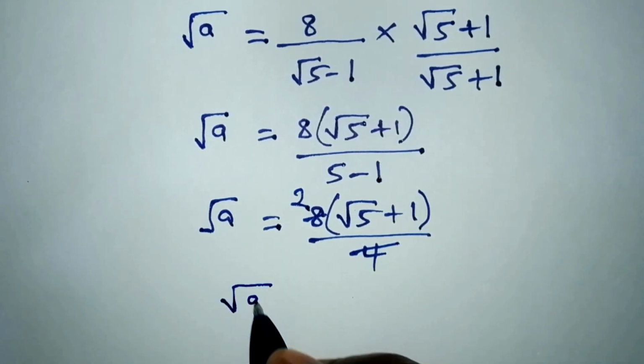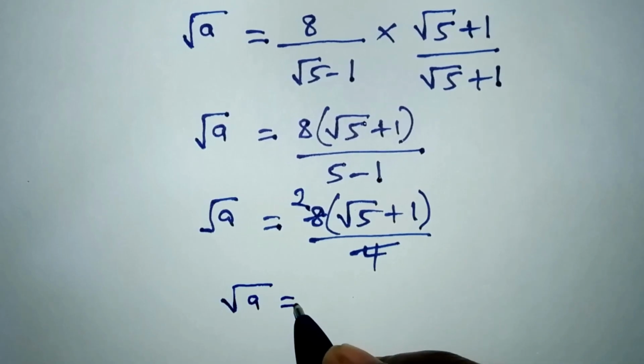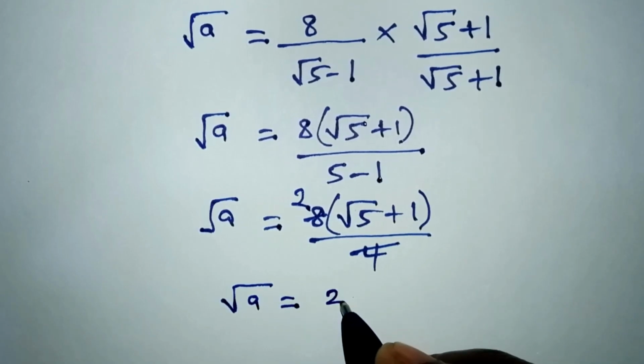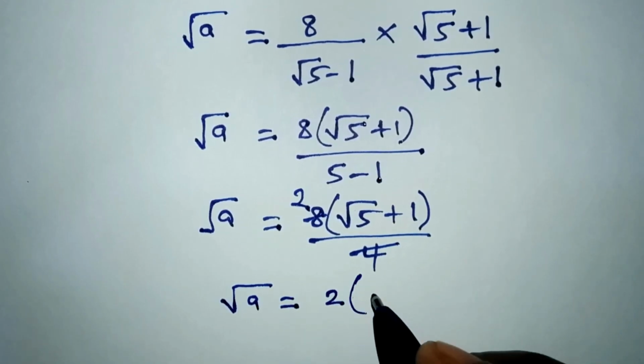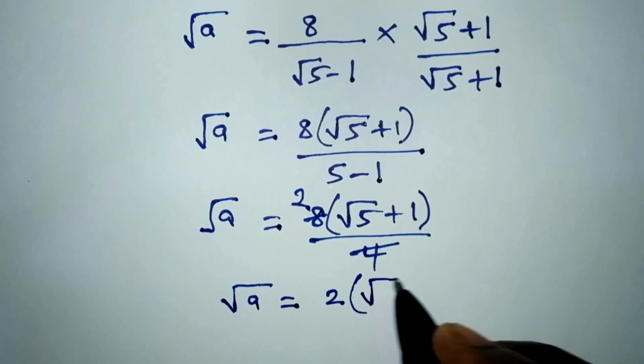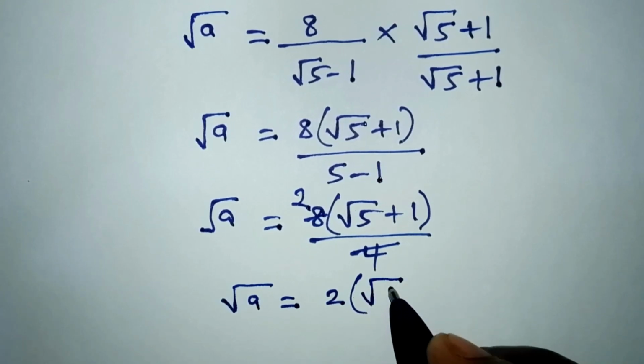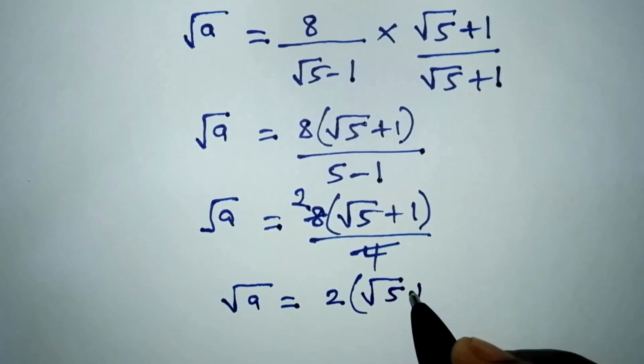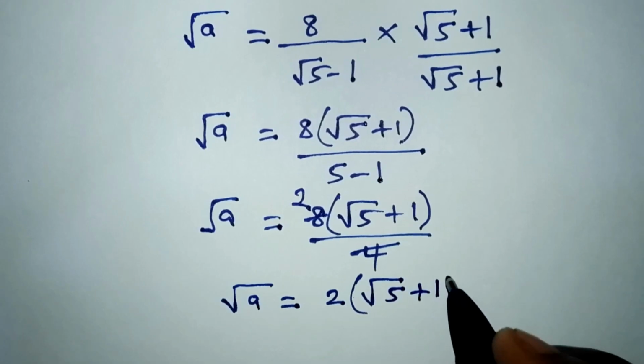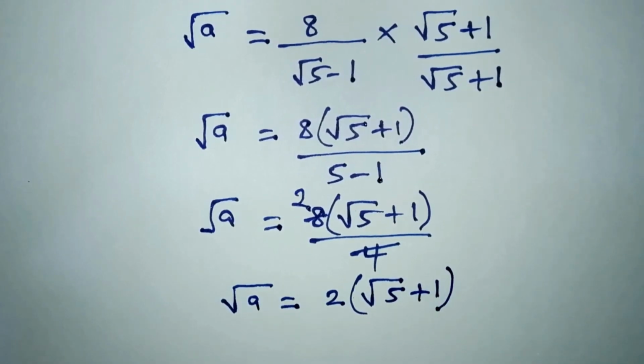Square root of a equals 2 bracket square root of 5 plus 1.